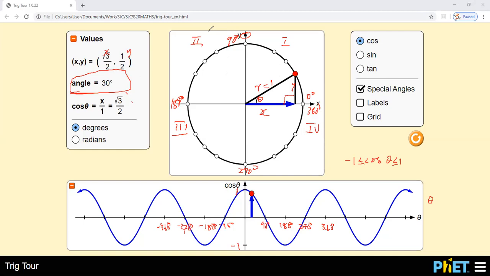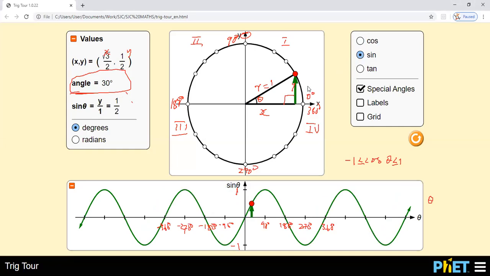When I move to the case of sine, let me put in sine here, then you can see, just look at the green arrow, the ratio is just the value of y, because the value of y here is 1 over 2. And check this, sine is opposite over hypotenuse.